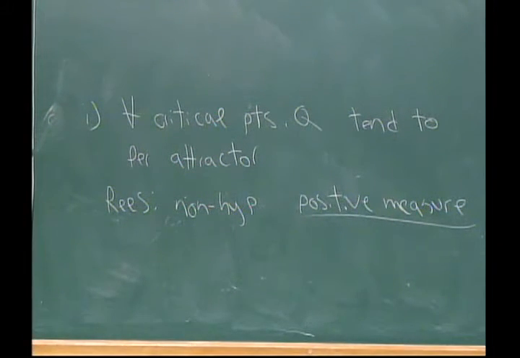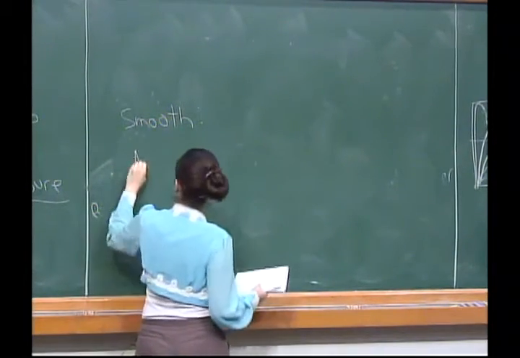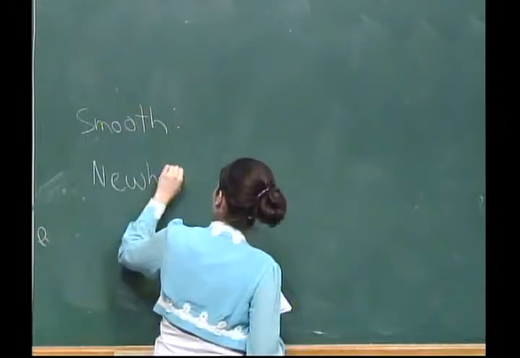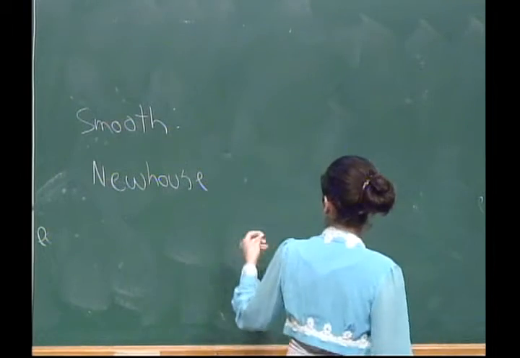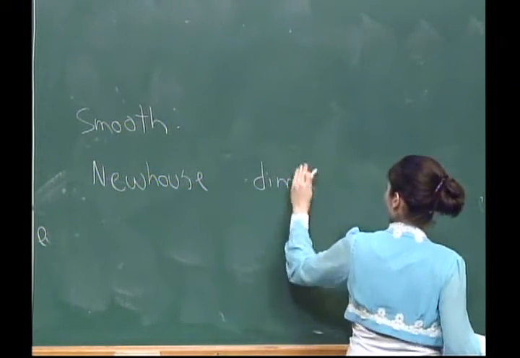And then in the case of smooth maps, which maybe you're more familiar with, it was Newhouse, so there's like bad news, who showed in the 70s that hyperbolic maps are not going to be dense in any space of dimension bigger than 2. Yeah?